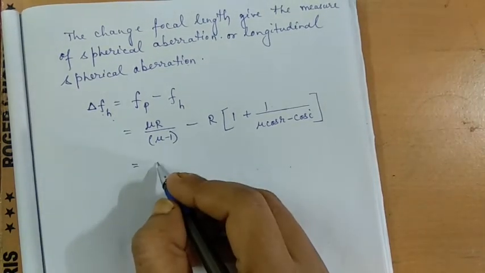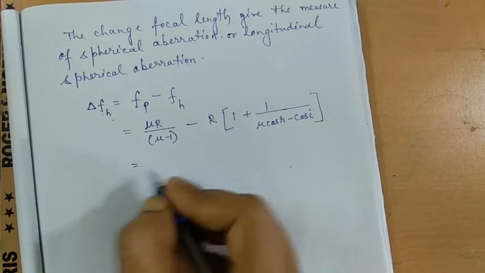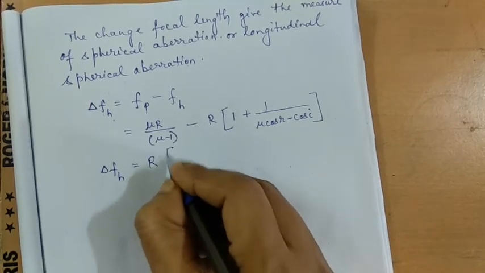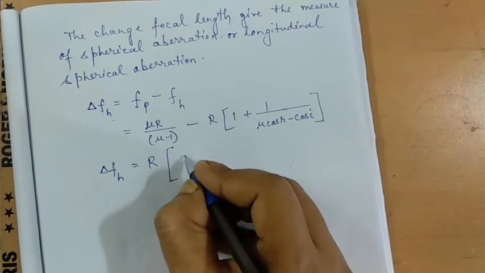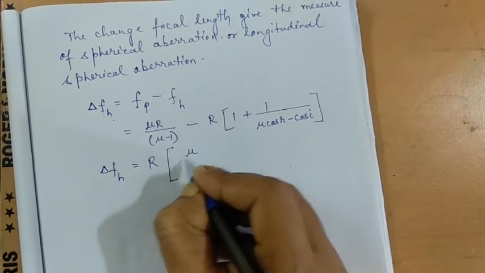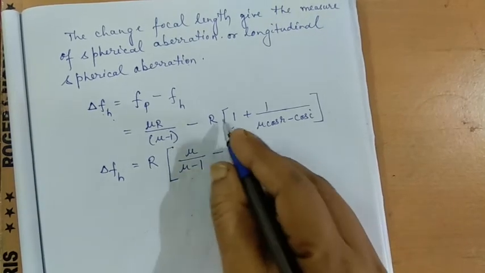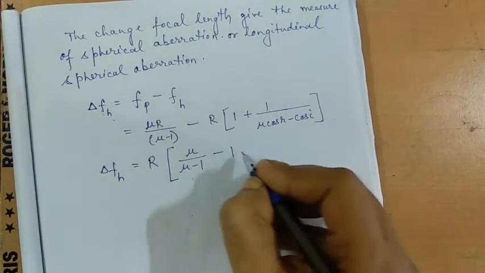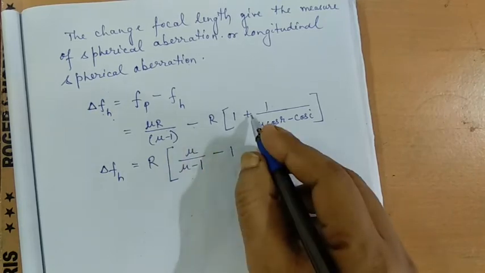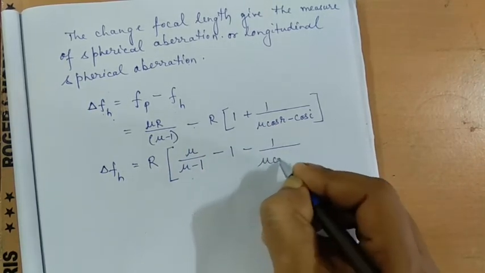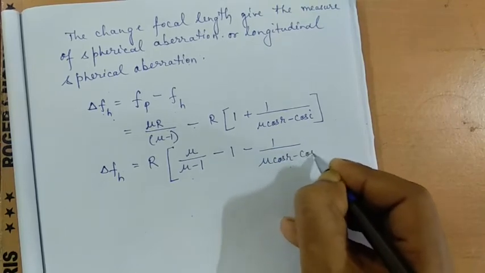Now take r common throughout. So here del fh is equal to r. If you take r common, you will get mu by mu minus 1 minus 1, with the minus sign multiplied over here, so minus 1 by mu cos r minus cos i.